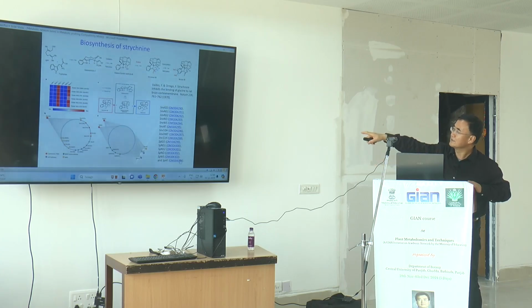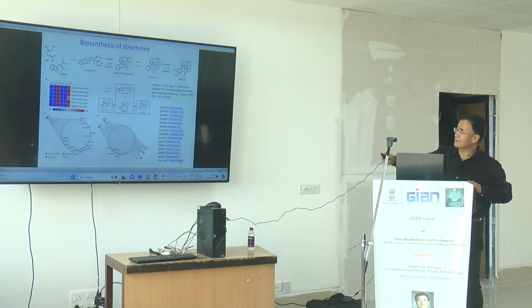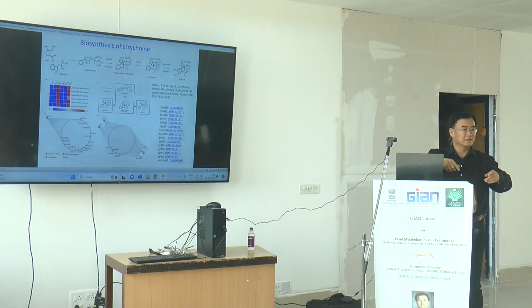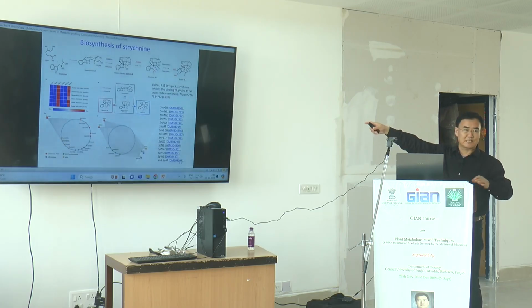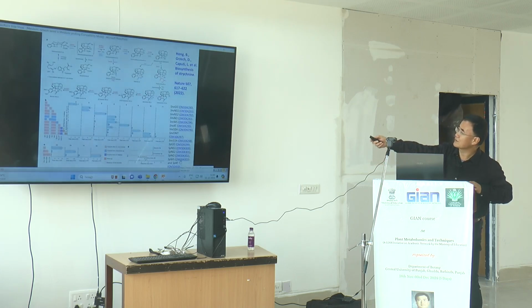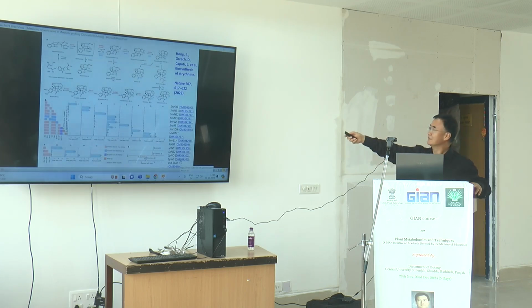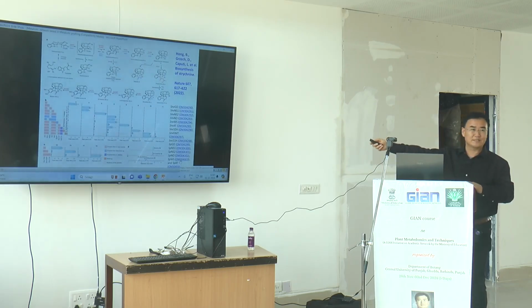So here they use the genome sequence of this plant and generate huge data, and start to demonstrate which enzyme really can generate what, which pathway, and what the intermediates of this enzyme reaction or biosynthesis pathway are. Later on they demonstrated the pathway. This is the Nature paper in 2020.